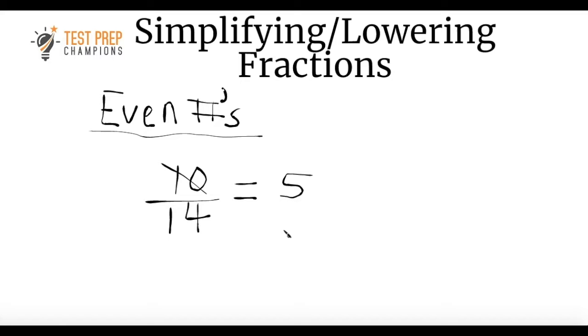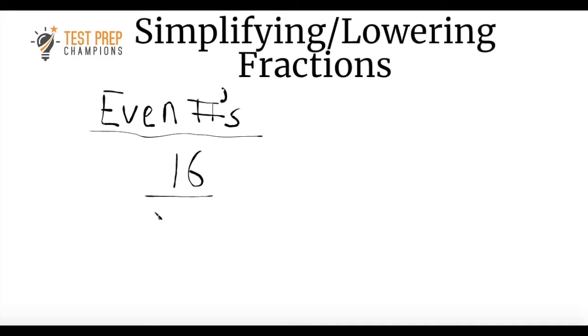So let's look at an example where you have to do this multiple times. Let's say that you have 16 over 20. Now you can say, hey, these are 2 even numbers, so I can divide both of them by 2. So let's watch what happens. 16 divided by 2 gives us 8. 20 divided by 2 is going to give us 10.